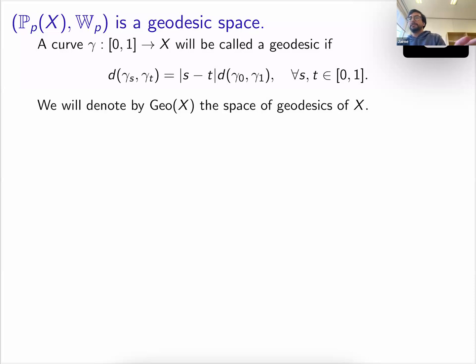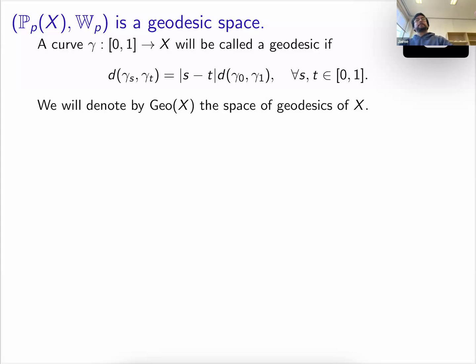That is for all s and t. So I will always consider geodesics to be distance minimizing. I will denote the space of geodesics of X by G of X. And I will say that the space is geodesic if for any 2 points, I can always find a curve that is a geodesic in this sense.